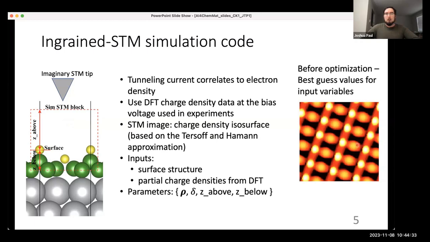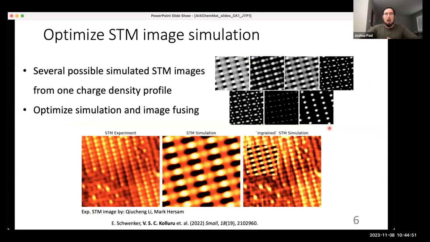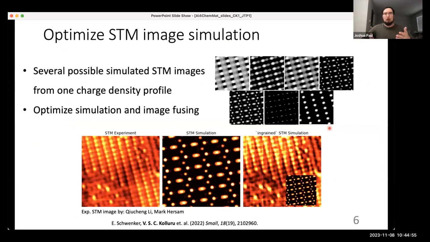Well, this is all fine and dandy, but this is just based on one set of input parameters. What we want is to optimize those parameters to try and get a better approximation to the experimental image. And so, there we go. What happens is the parameters are perturbed, altered, optimized.